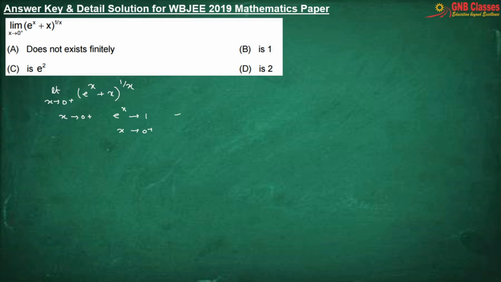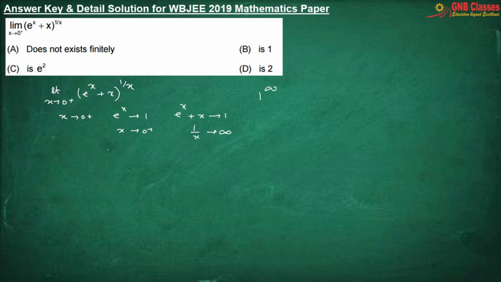Therefore, e to the power x plus x is tending towards 1. Now 1 by x is tending towards positive infinity, right? Therefore, this limit is in the form of 1 to the power infinity.